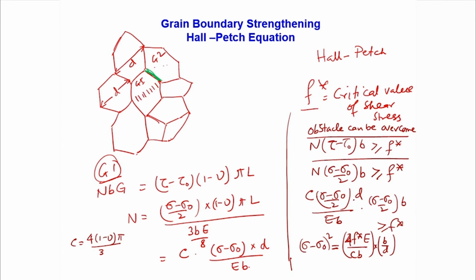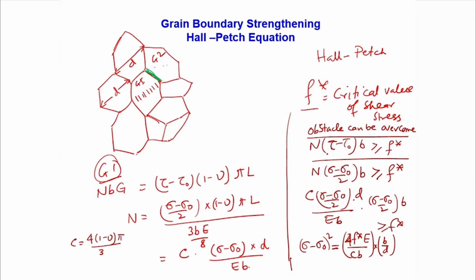The obstacle can be overcome only when the number of dislocations multiplied by the Burgers vector, that is the total displacement, times the shear stress required for this process, tau minus tau 0, is greater than the value of the obstacle.